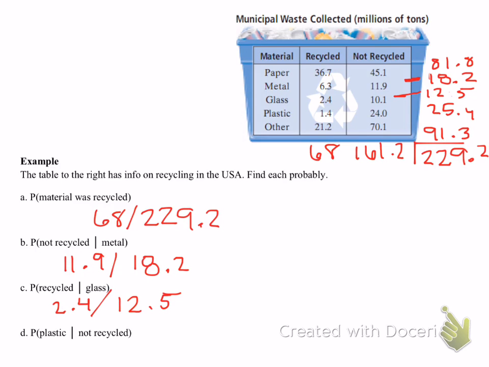And lastly, letter D, it says find the probability the material is plastic given that it is not recycled. So my total for not recycled is 161.2, and again, that's coming from right here. And of the not recycled, I need the value that represents plastic, and that would be 24.